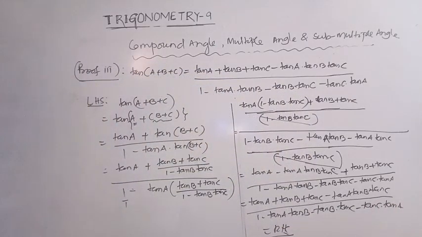Okay, these are the three types of formula, that is the A plus B plus C type.